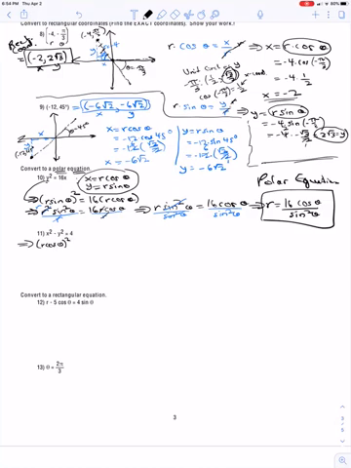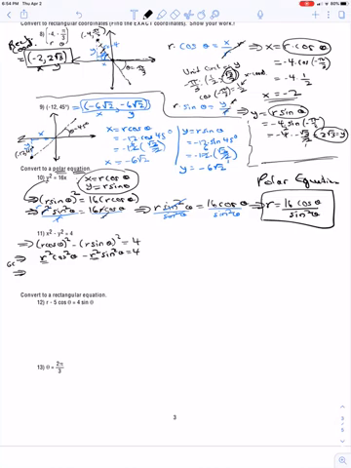So we got (r cosine theta) squared minus (r sine theta) squared equal 4. We let x and y equal r cosine theta and r sine theta respectively. As we simplify, I got r squared cosine squared theta minus r squared sine squared theta equal to 4. And then let's work on, again, getting it in graphing form.